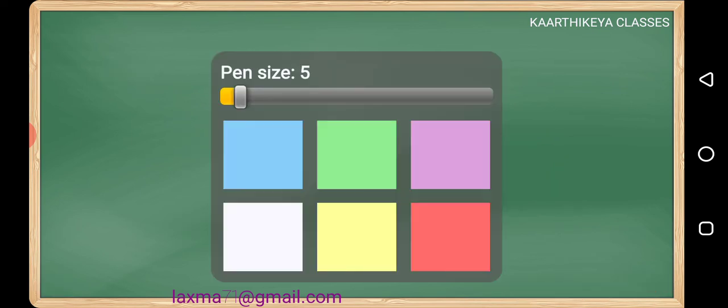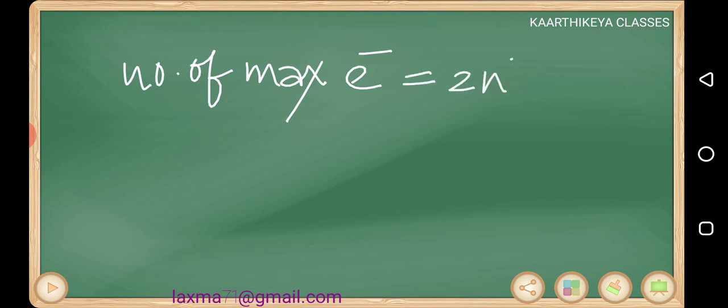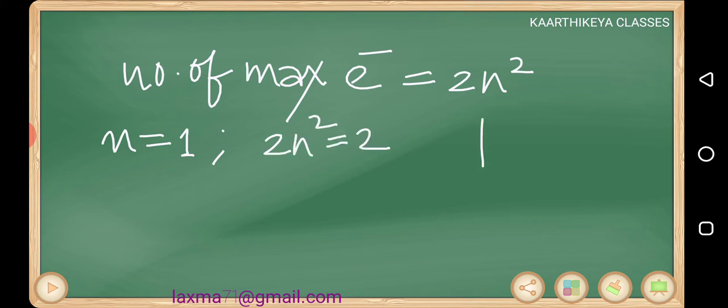In the same way, the maximum number of electrons is given by 2n square. If n is equal to 1, 2n square is 2, so the 1s orbital can accommodate a maximum of 2 electrons.